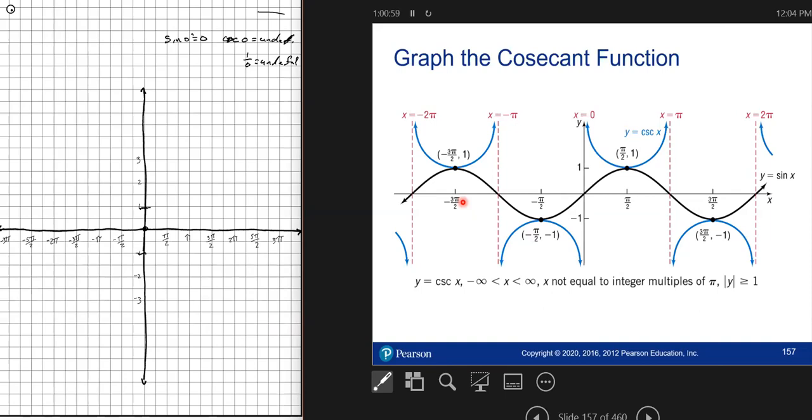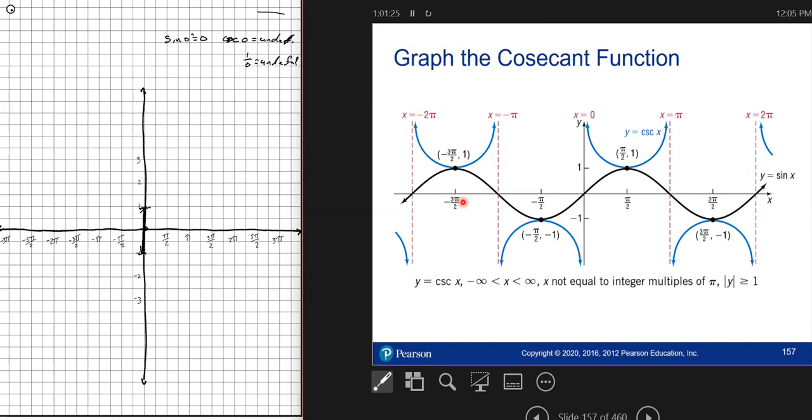because sine is between those two numbers, their reciprocals will be outside of those two numbers. Because then you have a fraction less than 1, and the reciprocal of a fraction less than 1 is a fraction greater than 1.